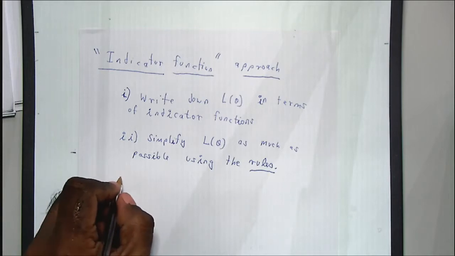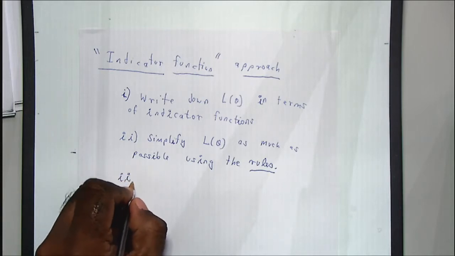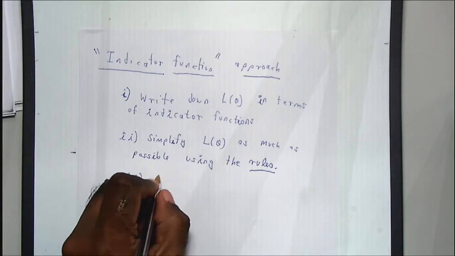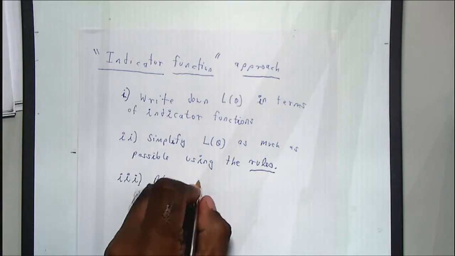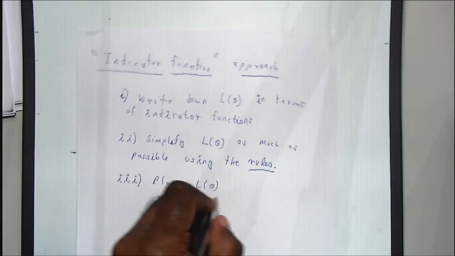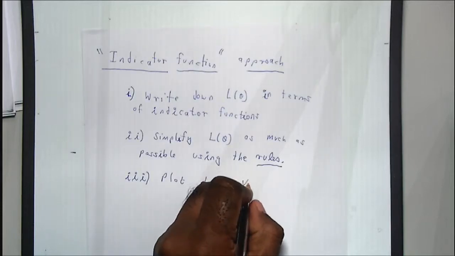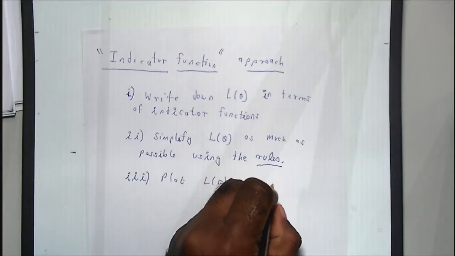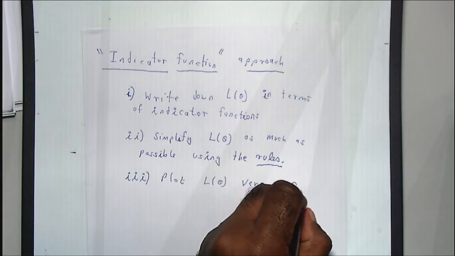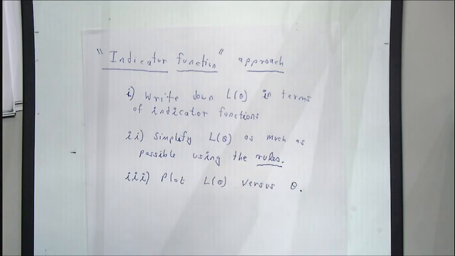Third step is to plot the likelihood function versus theta.